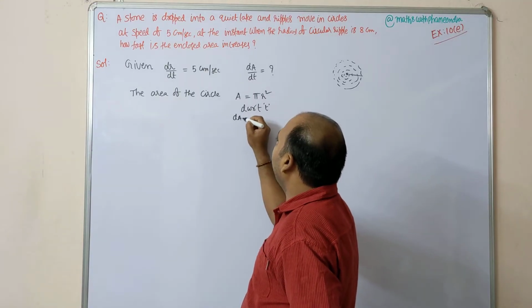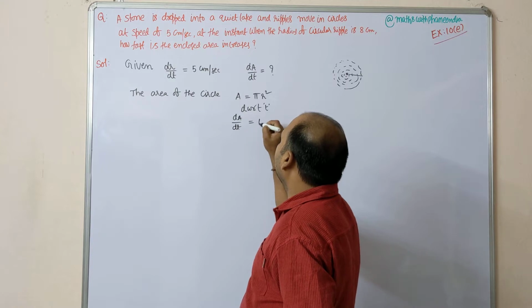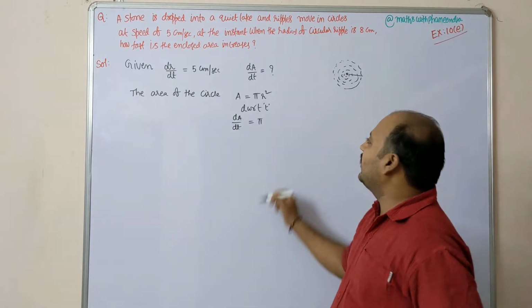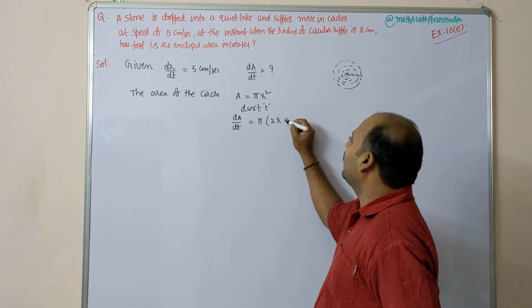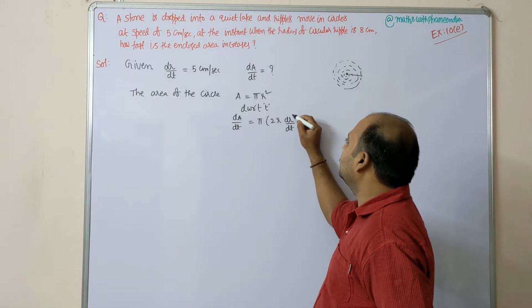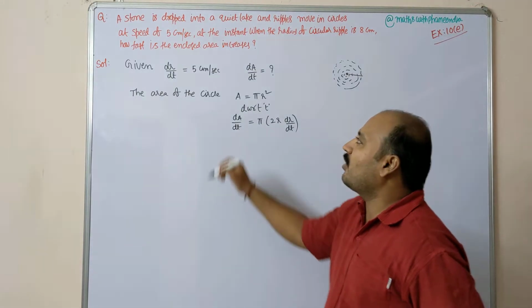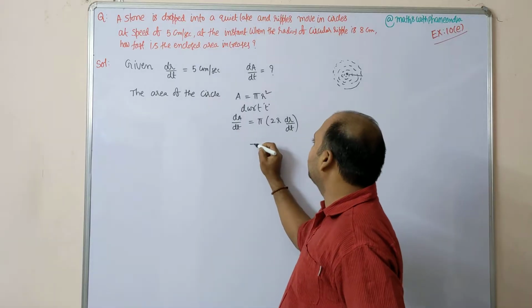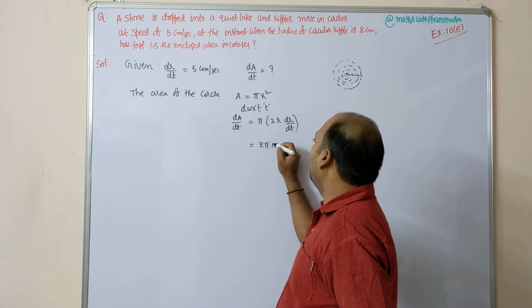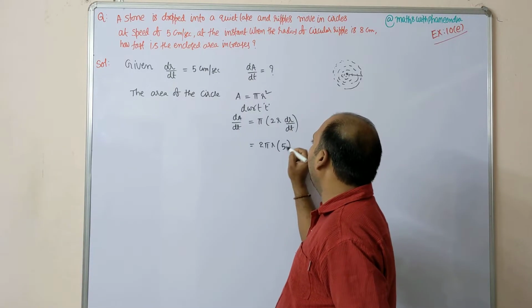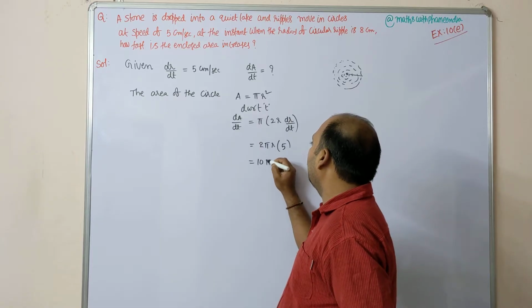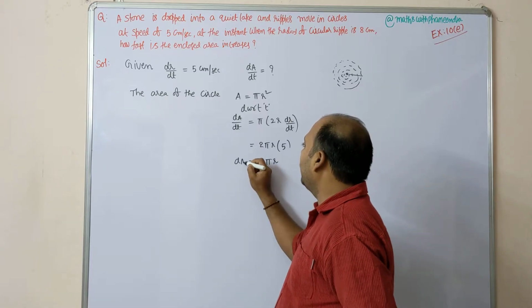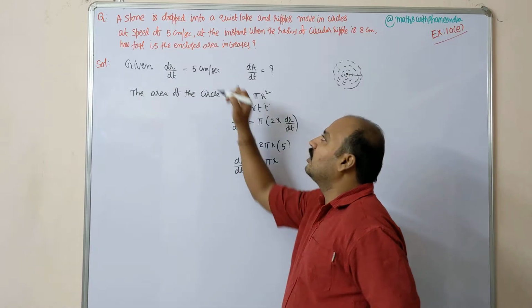So dA by dt equals pi, constant, r square derivative is 2r, again r derivative is dr by dt. So dr by dt value is given, now substitute here. So 2 pi r into 5. Therefore 10 pi r. This is the rate of change of enclosed area.